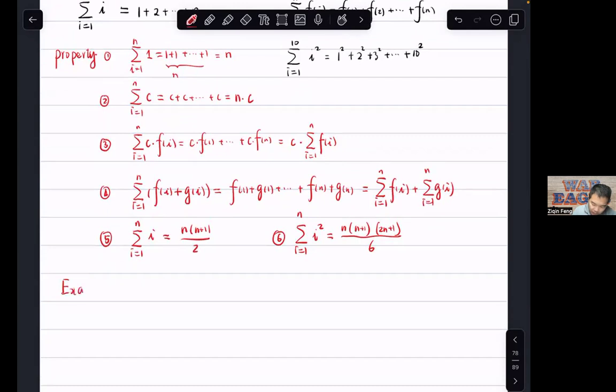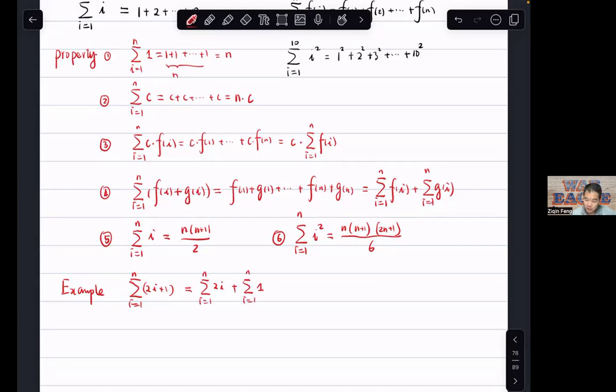So as an example, we can apply all our properties above. Say you want to evaluate summation i from 1 to n of (2i plus 1). By property 4, this is summation i from 1 to n of 2i plus summation i from 1 to n of 1.